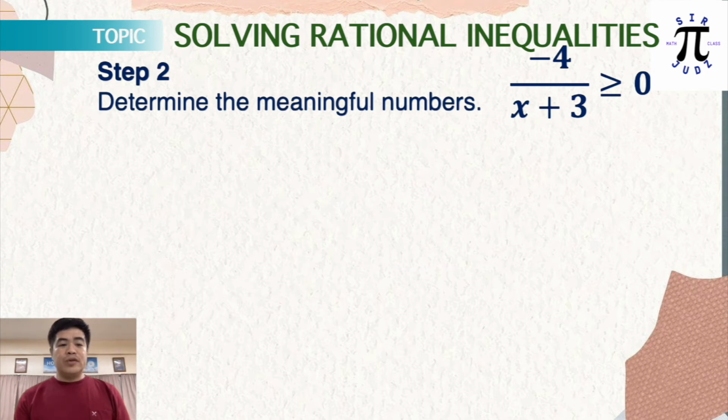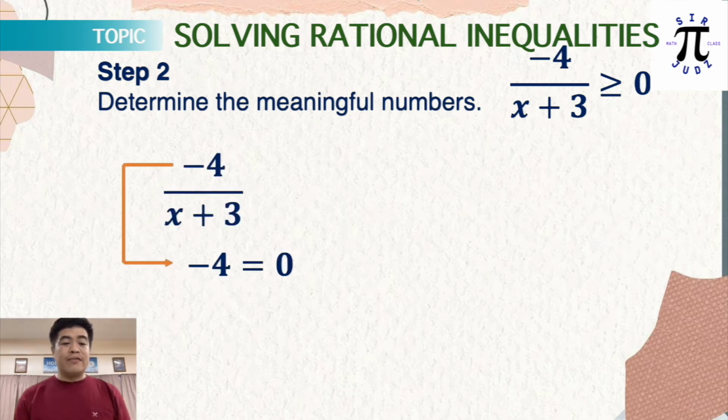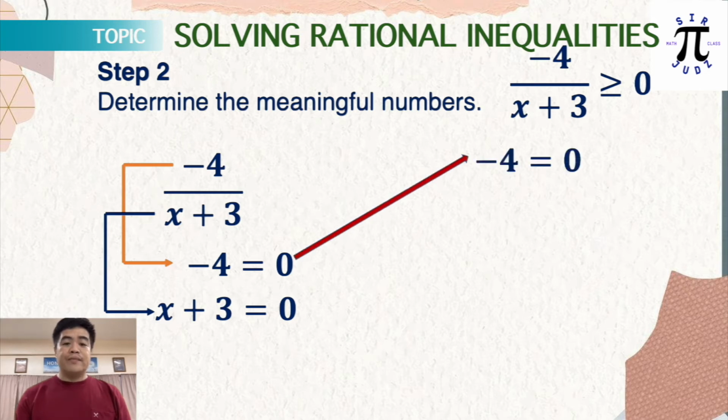In step 2, you're going to determine the meaningful numbers. We will set the numerator of the rational expression equal to 0 and the denominator equal to 0. So first, we have the numerator negative 4 equal to 0 and our denominator x plus 3 equal to 0. Solving negative 4 equal to 0, we know that negative 4 is not equal to 0.